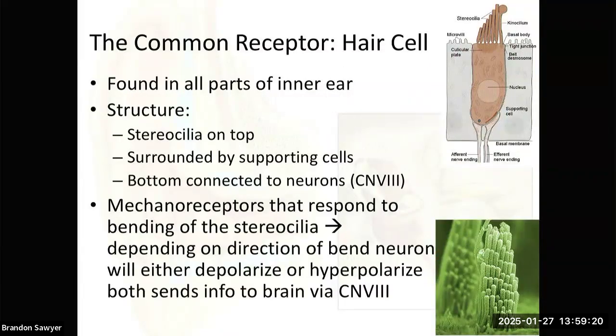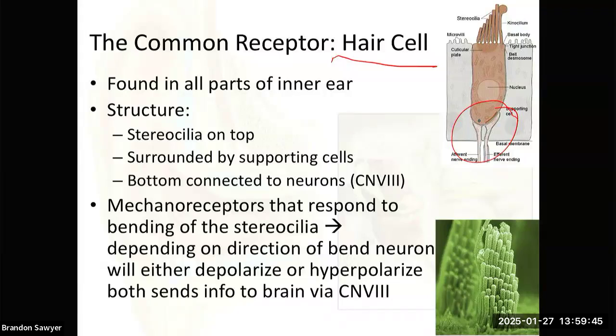Okay, so we're going to talk in more detail about the three different structures inside the internal ear. But what we find inside all three of those structures is one common receptor, which is the hair cell. These little cells are connected to neurons at the bottom, and at the top they have cilia called stereocilia.